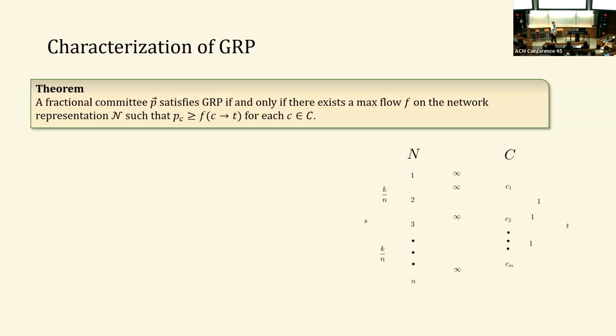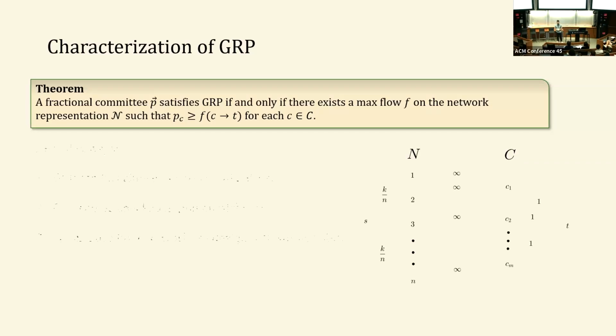So we can say that a fractional committee P satisfies GRP if and only if it essentially element-wise dominates a max flow on the network where we're capturing the flows from each candidate to the sink. So there should be some max flow where the flows from each candidate to the sink are lower than the probabilities in the fractional committee.